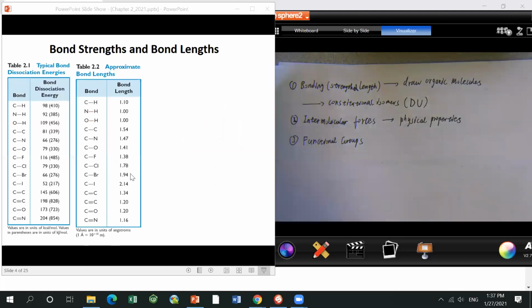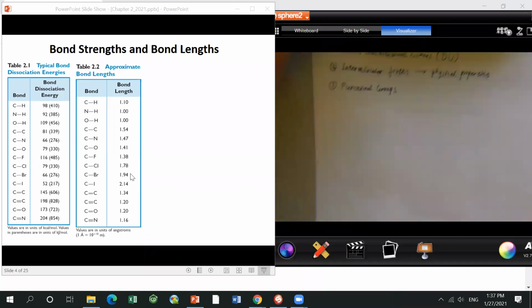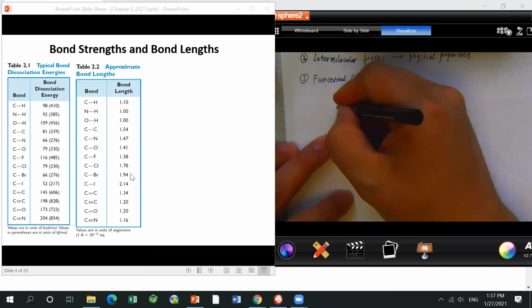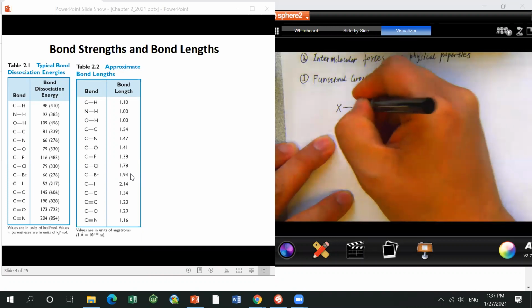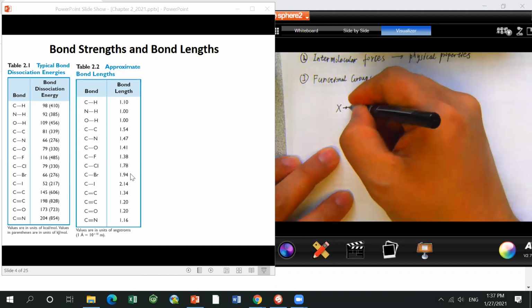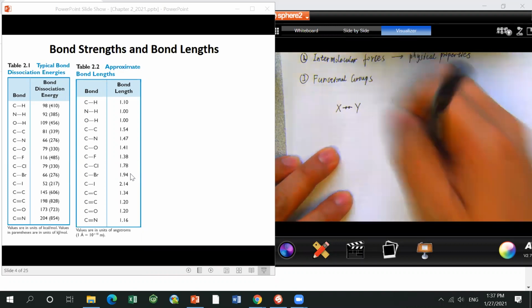Right, and next is about the bond strengths and bond lengths. Here are 2 tables. One is about the bond dissociation energy, which tells you the bond strength. Bond dissociation energy works this way: you have 2 atoms connected by 1 bond, which is 2 shared electrons.